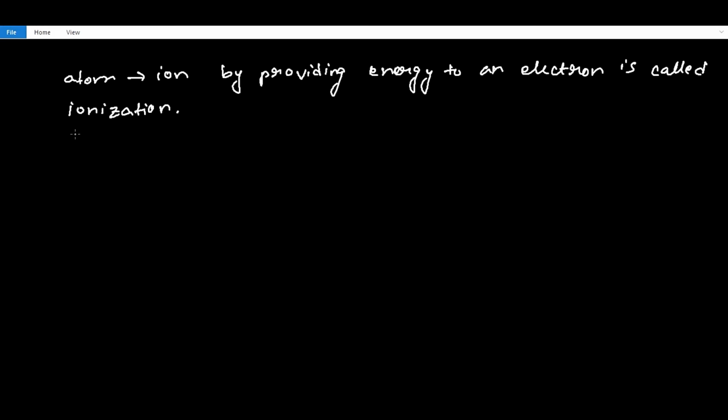So I wanted to define ionization because the next thing that we are going to learn is the methods of charging. The first method of charging is called charging by rubbing.